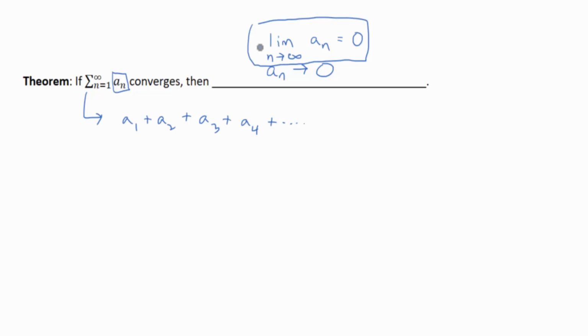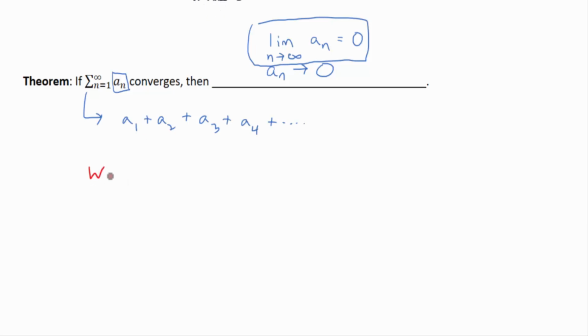That's not the form we use to show convergence, though. This is just a necessary condition for convergence. Just because a sub n converges to 0, it does not mean that the related series converges. That's a big warning, because that's a big misconception.